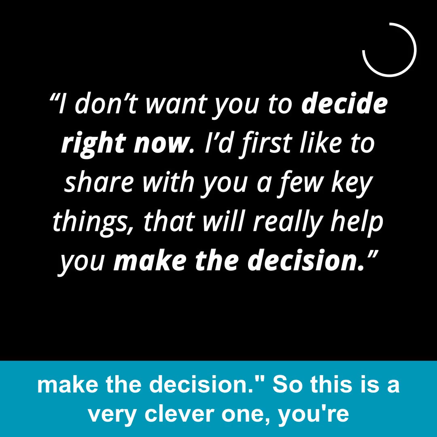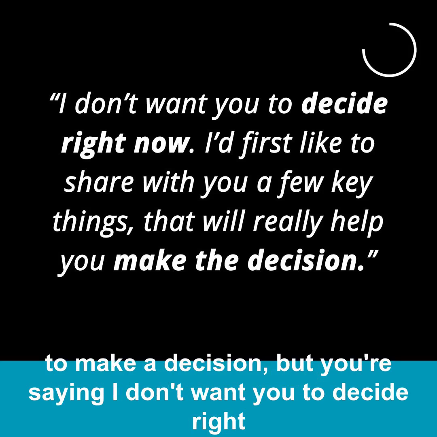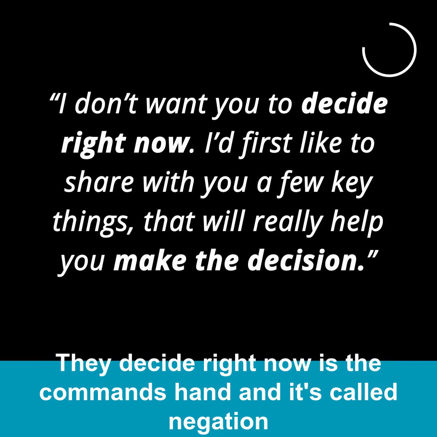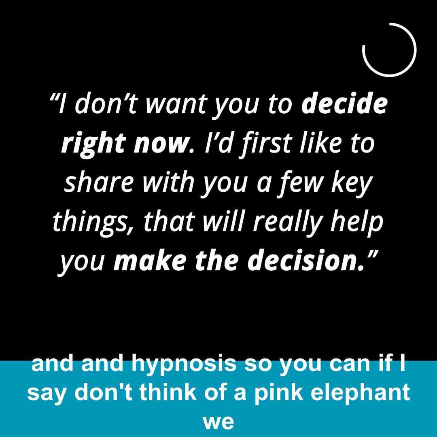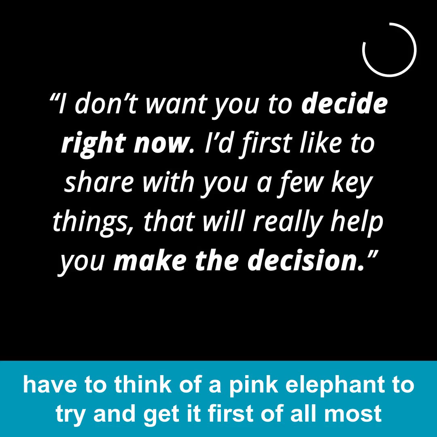So this is a very clever one. You're coming to the end where you want them to make a decision, but you're saying, I don't want you to decide right now. The decide right now is the command, and it's called negation in hypnosis. So if I say don't think of a pink elephant, we have to think of a pink elephant to try and negate it first and foremost to get it out of our brain.